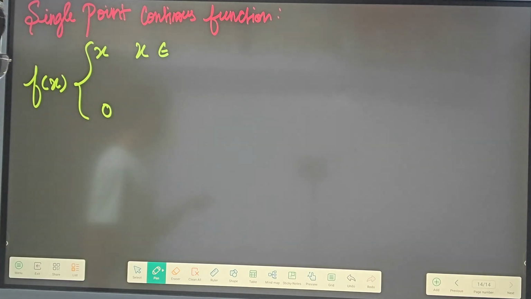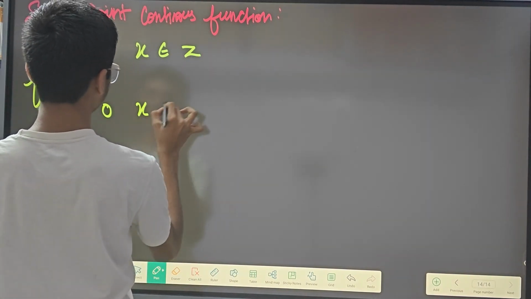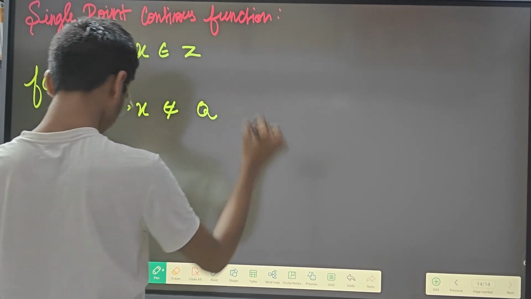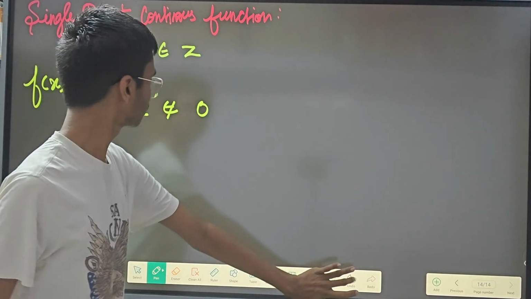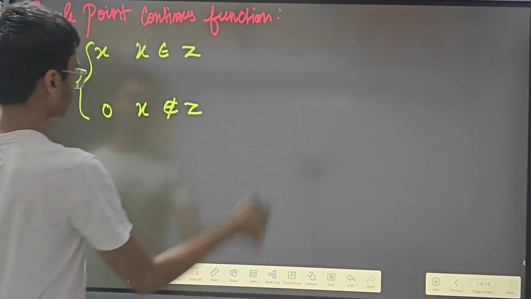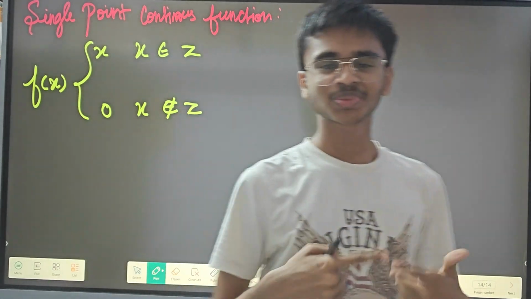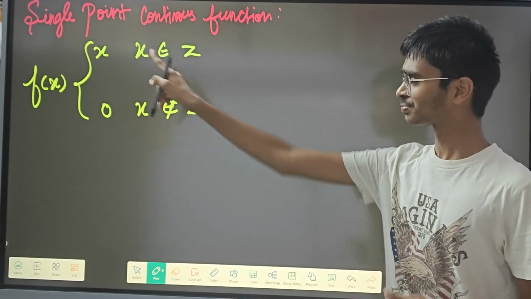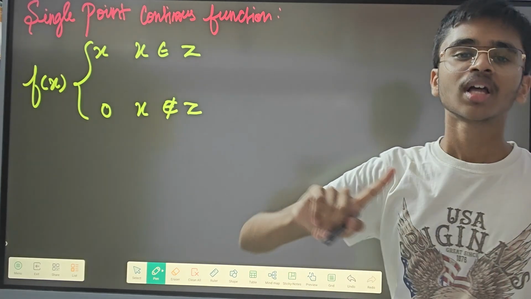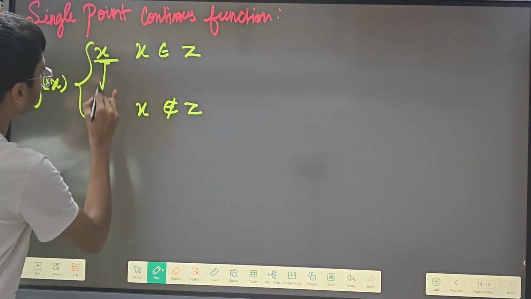We can take integers, and whenever x does not belong to Q. Here, in order to determine whether this is continuous or not, the only thing is that this should be equal to this.